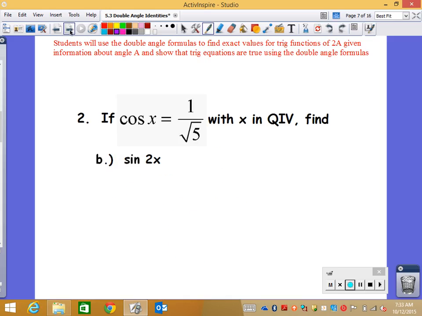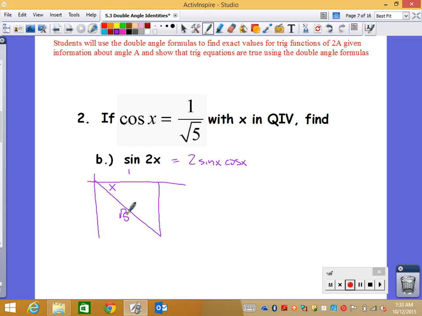So what if we had the same setup here, but sine of 2x? Well, the only identity I have for sine 2x is 2 sine x cosine x. Now I know cosine x, but I need to find out what sine x is, so we'll need a picture. So I'm in quadrant 4 here. This is my angle x. And I know my cosine, or adjacent over hypotenuse, is 1 over root 5.